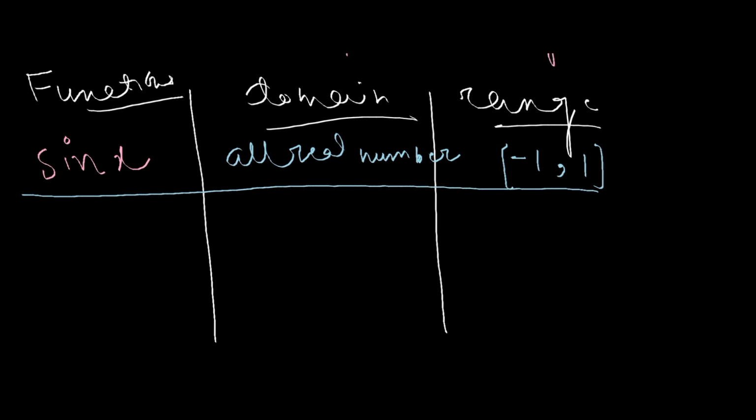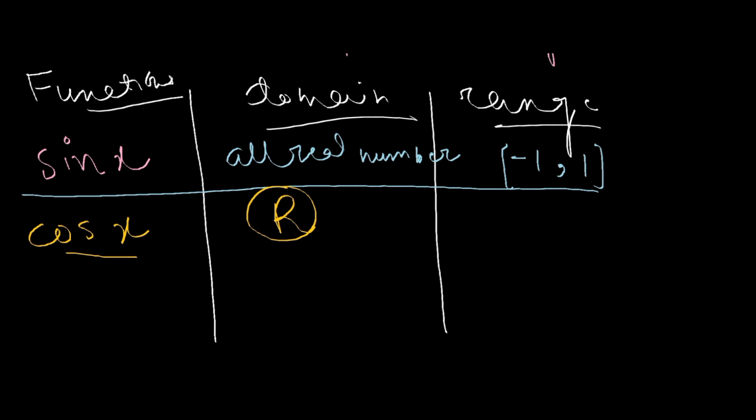The second trigonometric function is cos x, and the domain of cos is also all real numbers.